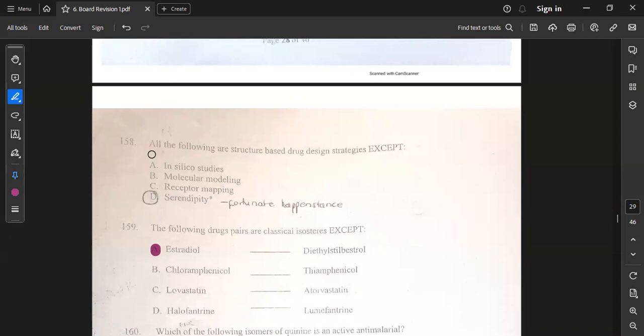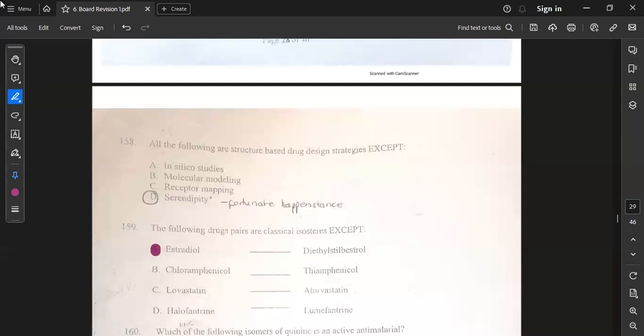We can replace the amino with something like an NO2, or a different heteroatom, that will give you the same level of activity.